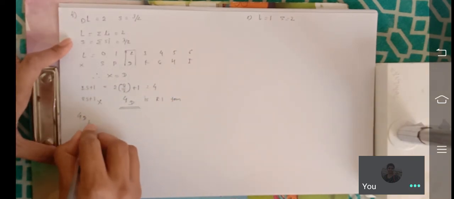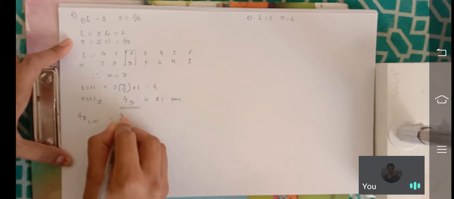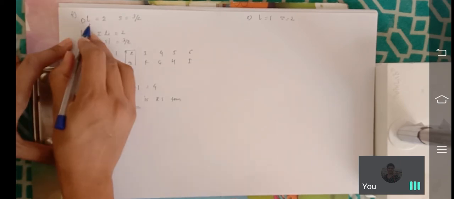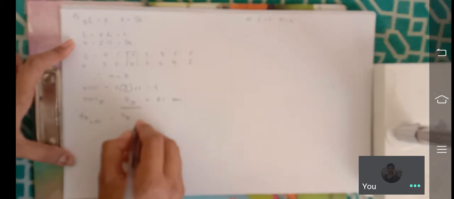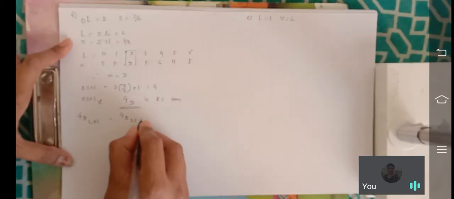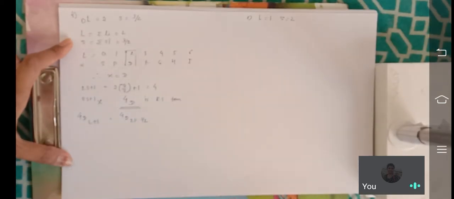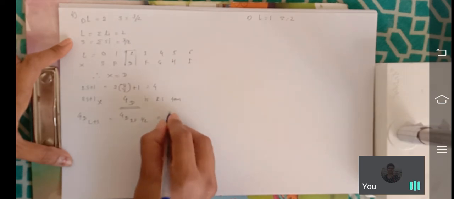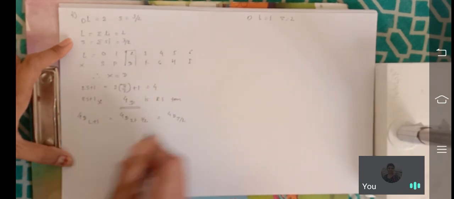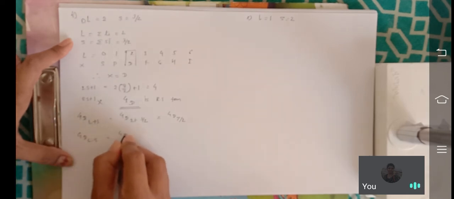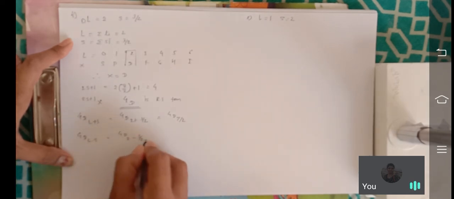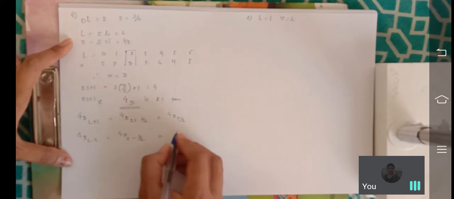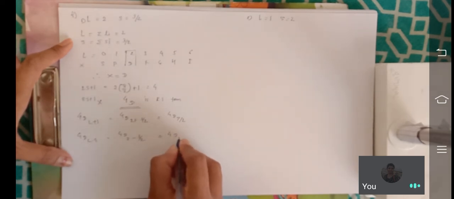Quartet D, L plus S, that means quartet D. What is the value of L? 2 and S is 3 by 2. So 2 plus 3 by 2. Okay, so what is that value? Quartet D 7 by 2. Then quartet D, L minus S: quartet D 2 minus 3 by 2. So what is that answer? Quartet D 1 by 2.